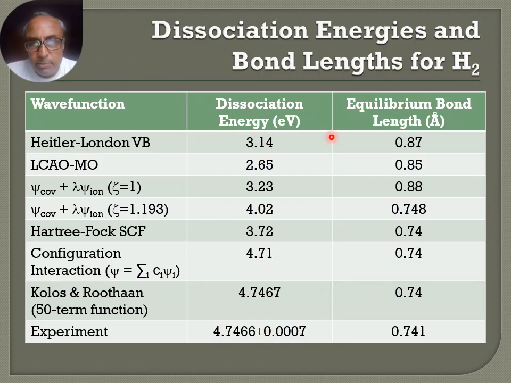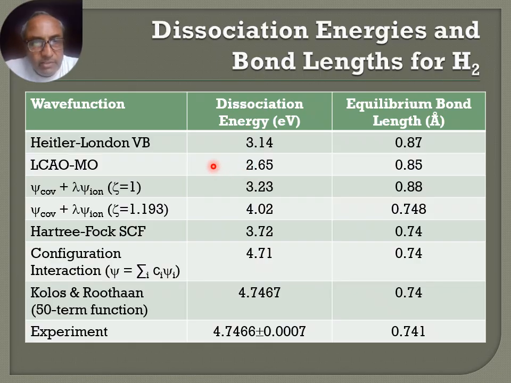And the Heitler-London wave function overestimates the equilibrium bond length as 0.87 angstroms compared to the experimental value of 0.741 angstroms. The LCAO-MO wave function does even worse. While it also overestimates the equilibrium bond length, it gives us a dissociation energy of only 2.65 electron volts.